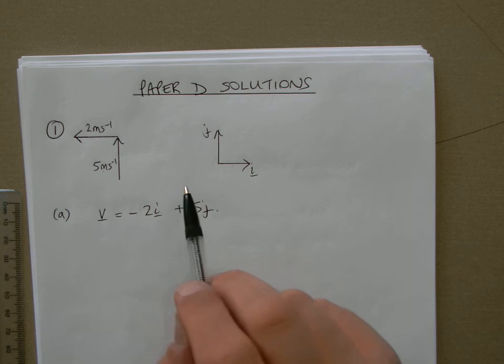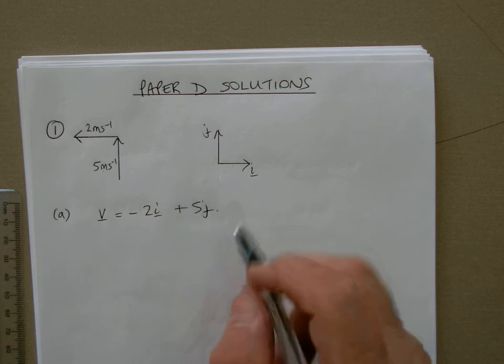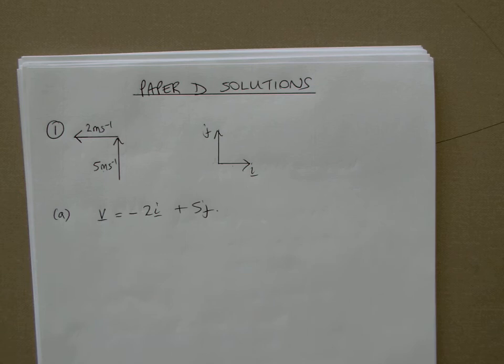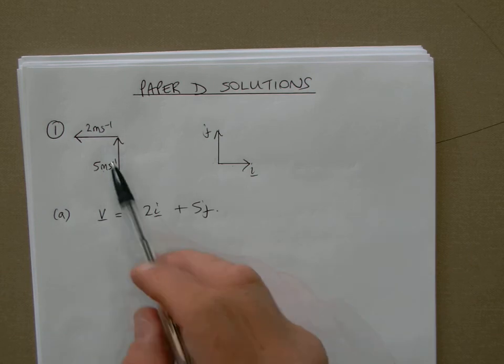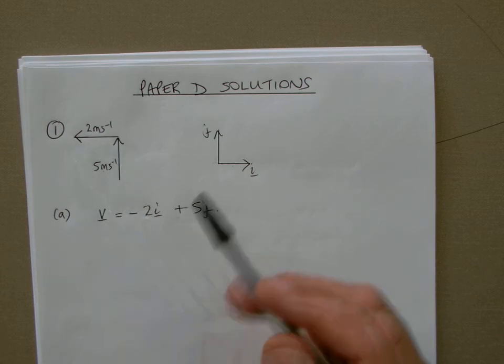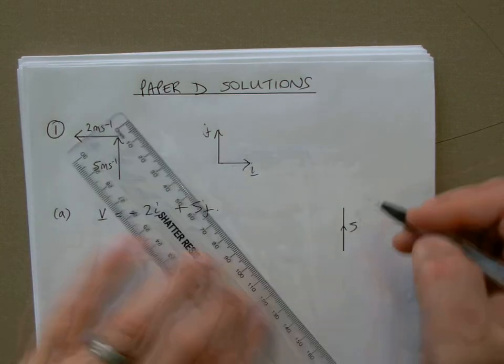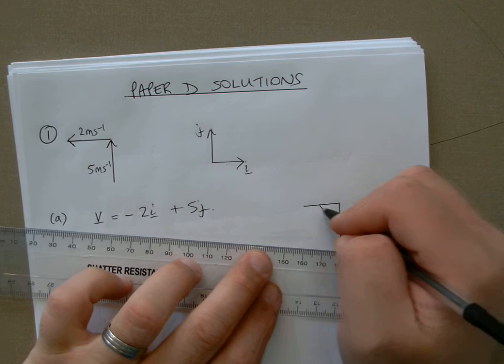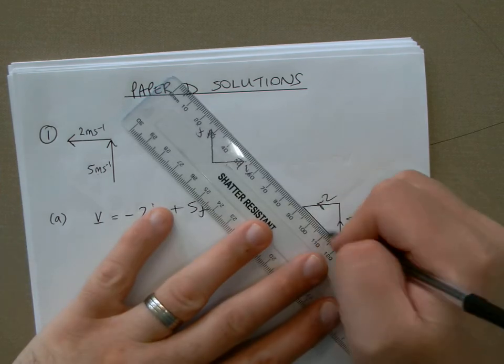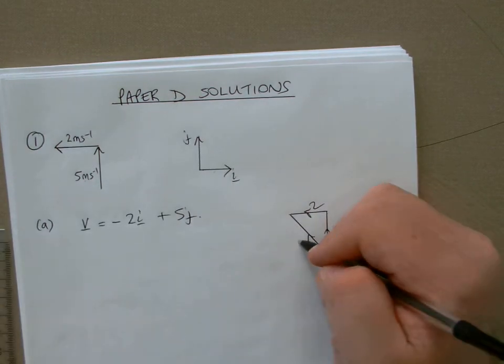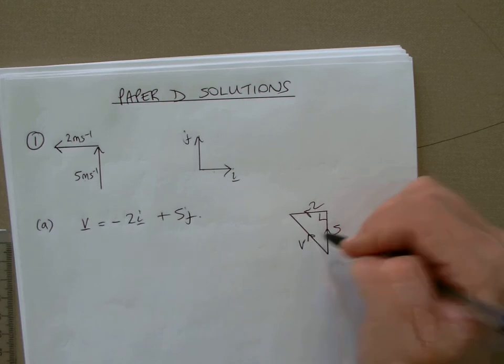Okay, so to get then the magnitude of this, remember then we need to use Pythagoras' theorem, because you can see here, if you're going 5 one way, 2 the other way, it creates a triangle, doesn't it? So to get V, we just use Pythagoras.